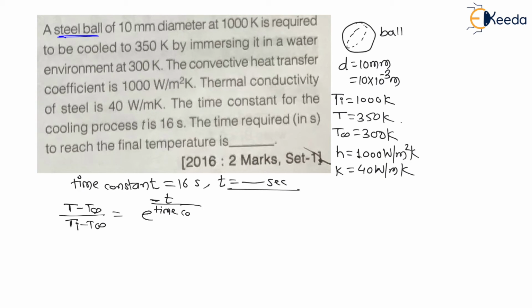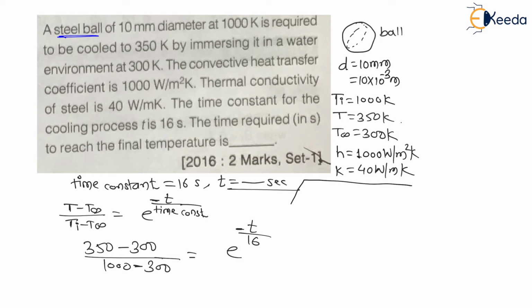Just now we have derived this formula. Let us put in the values. T is 350, minus T infinity 300, divided by Ti 1000 minus T infinity 300, is equal to e to the power minus t divided by the time constant 16. Let us solve this equation for t.